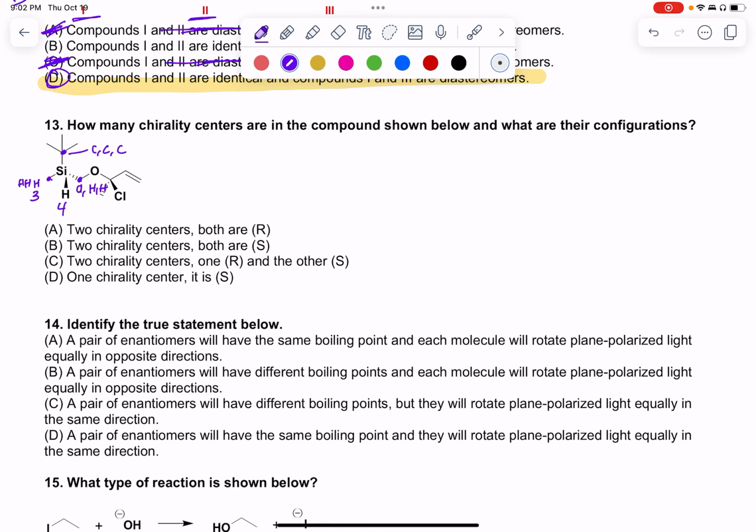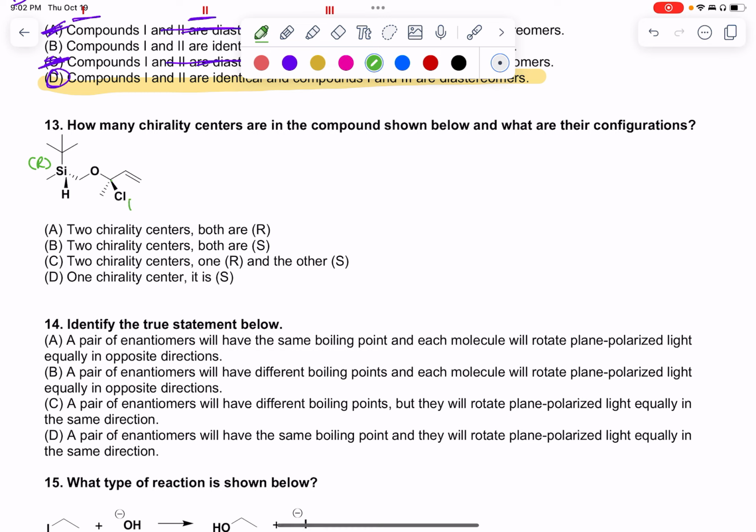This OHH wins, it's one, and that means this one is two. And then we can take 1, 2, 3. That looks like it is S, but because hydrogen's in the front, it's R. I can clean up some of this so we don't have to look at all my scribble. So this one would be R.